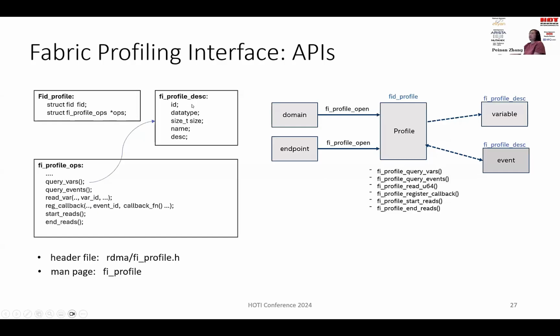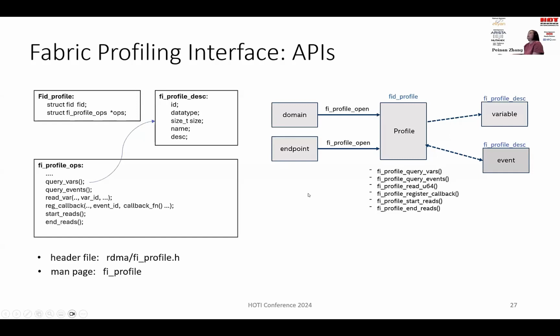Once we have this event or variable, we can use the read var operation to query variable by variable ID, or register a callback by event ID. If we want to read multiple variables, we can use the start read and read ops as a lock, to ensure that all the variables read between start read and read come from the same snapshot.